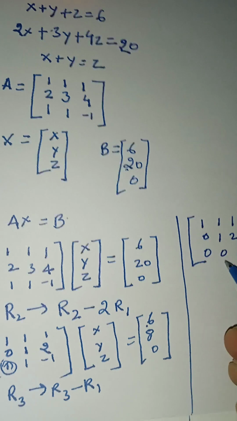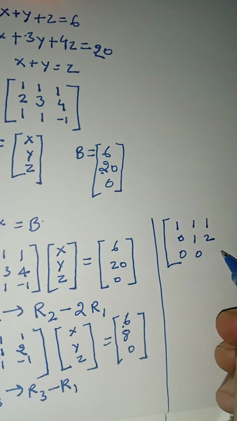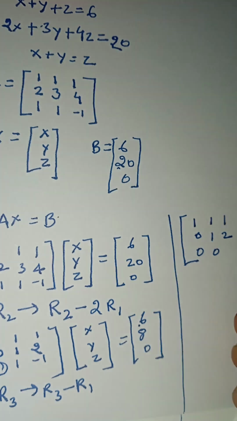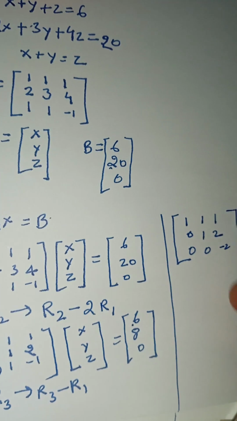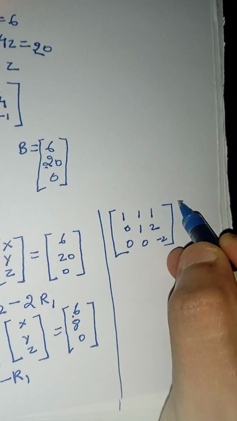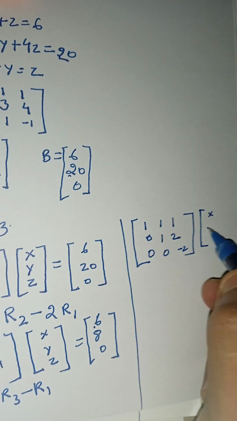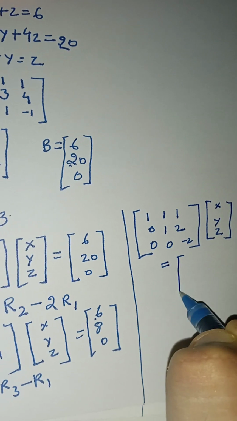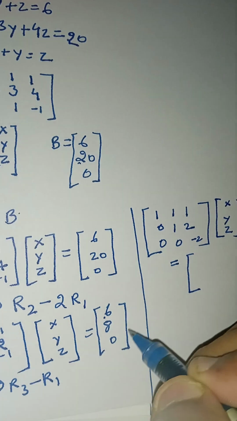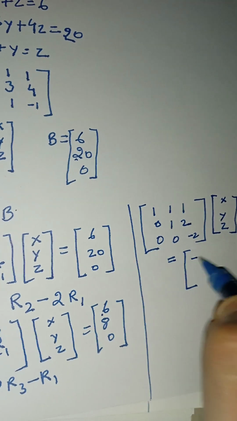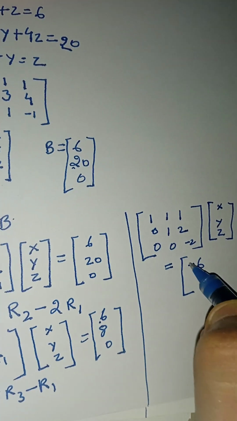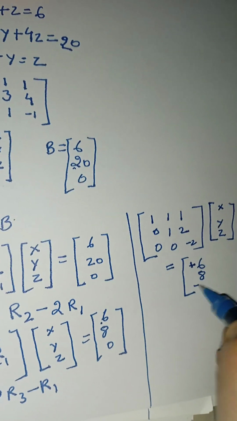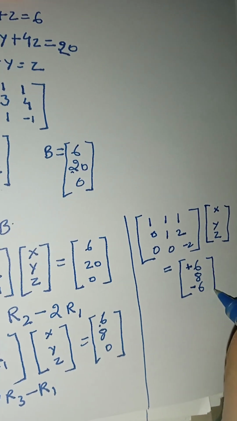Here also it is 0. Here in the next, R3 is minus 1 minus 1, that is minus 2, and our x y z remain as they are. On the right hand side R3 minus R1 means 0 minus 6, which is minus 6.